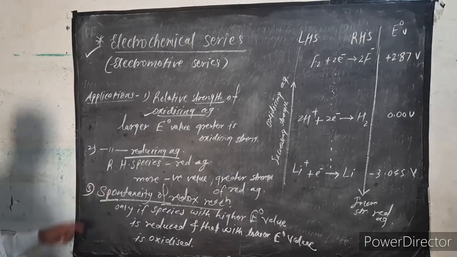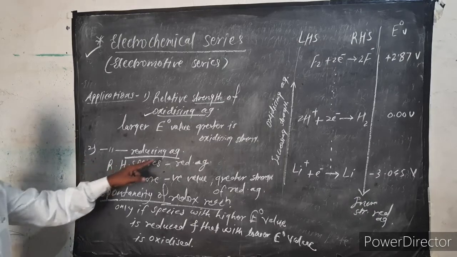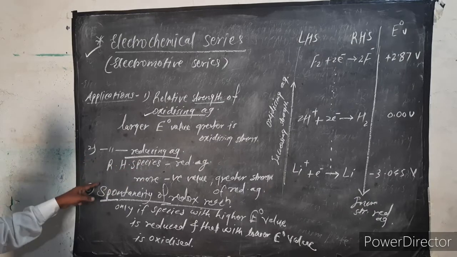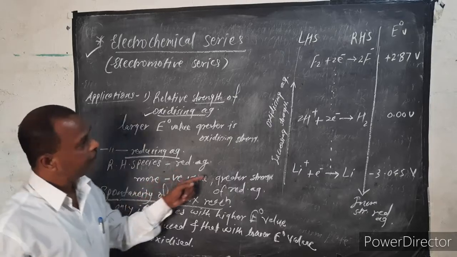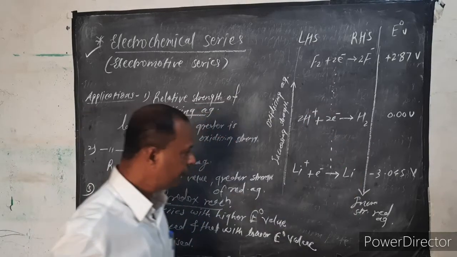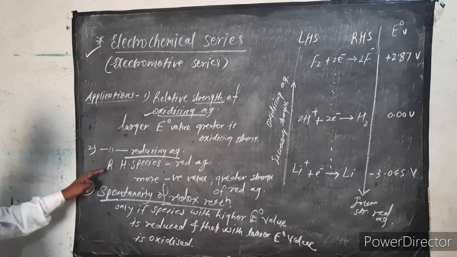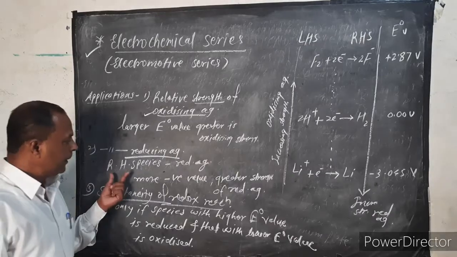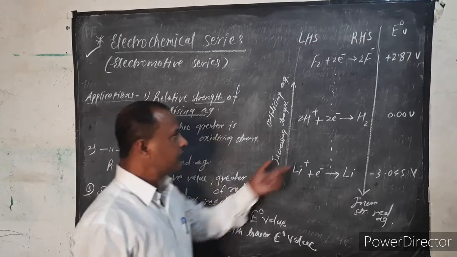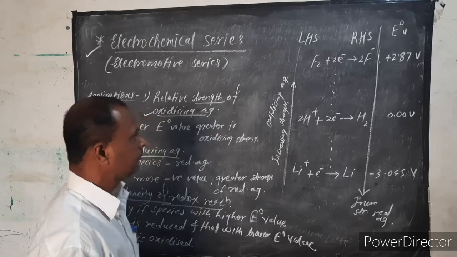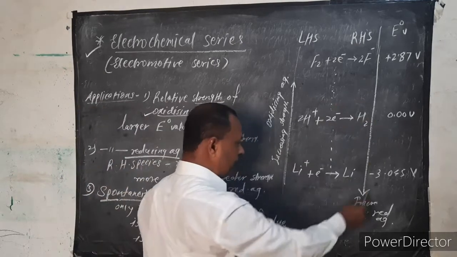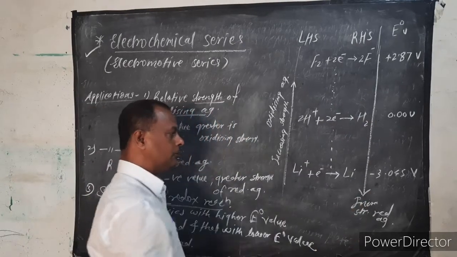The second one is the relative strength of reducing agents. The right-hand side species are the reducing agents. If you move from top to bottom in the series, the negative value goes on increasing.